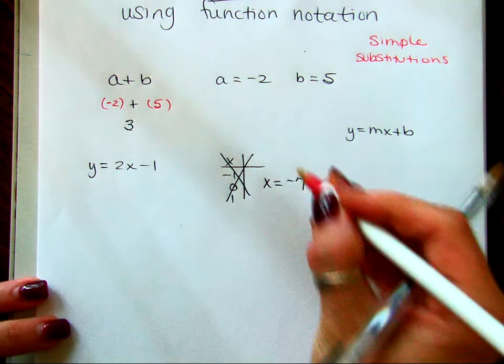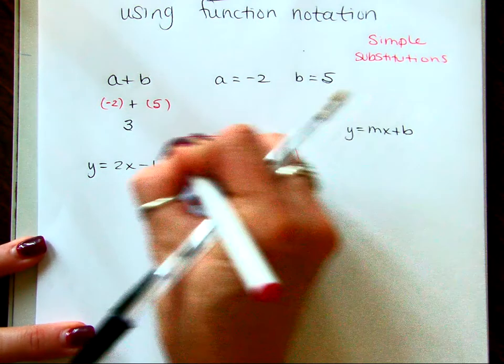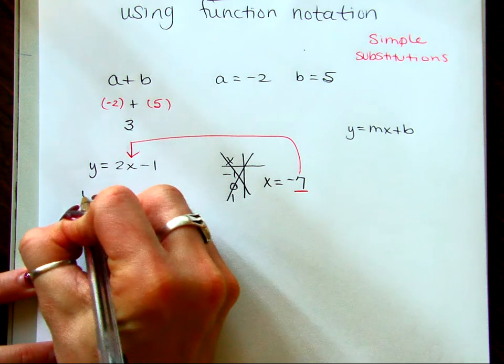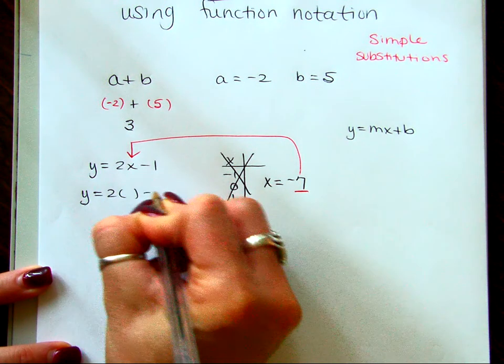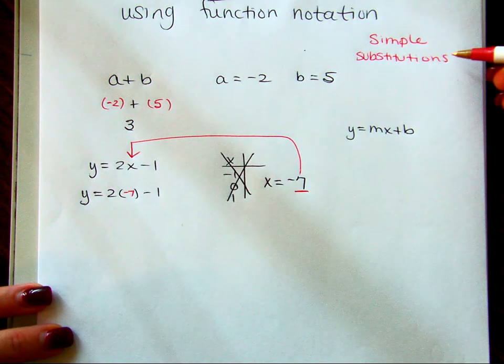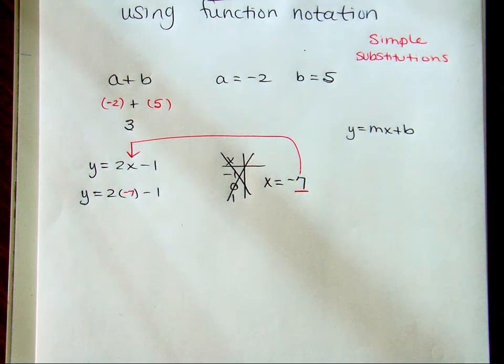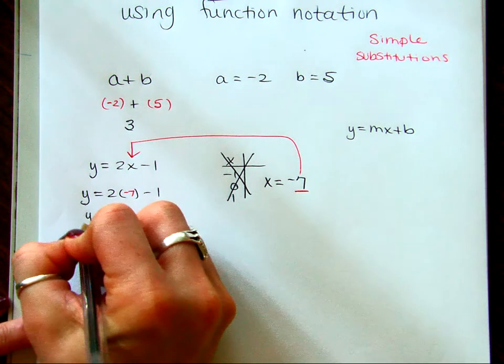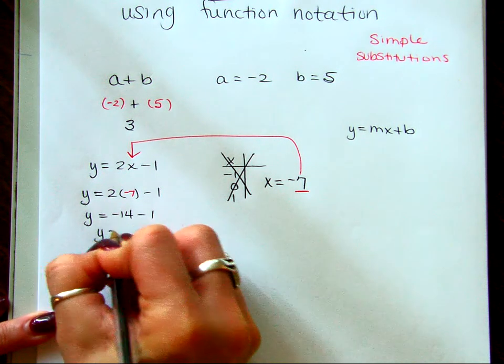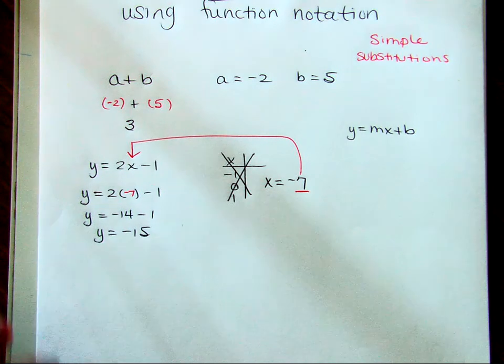You said, oh, if x is -7, then all I do is put it in there, multiply it by 2, subtract 1, and that's the y? Yep. Okay? So we're not doing anything totally new just yet, right? I'm just doing some simple substitutions, easing you into this next one. So then the y value would be -14 minus 1. The y value would be -15 when the x value was -7.